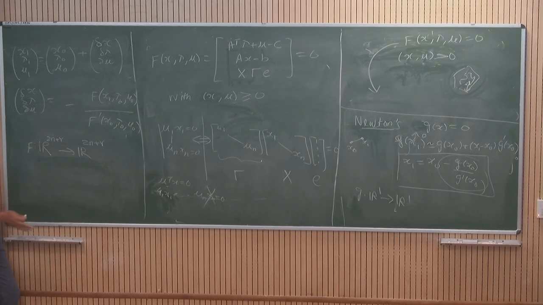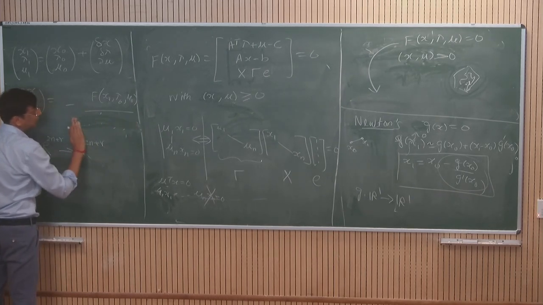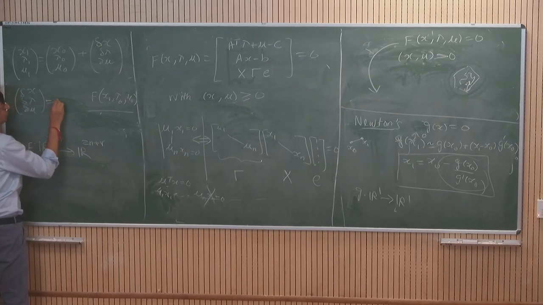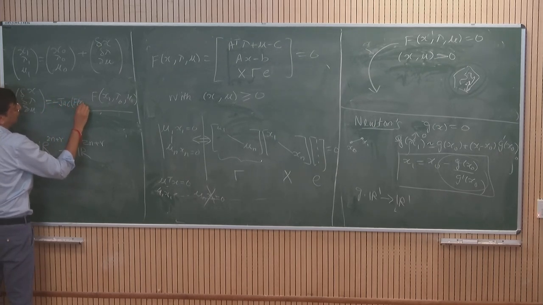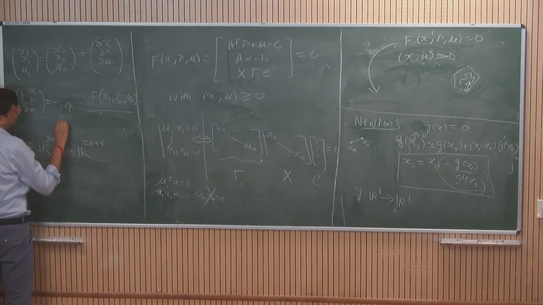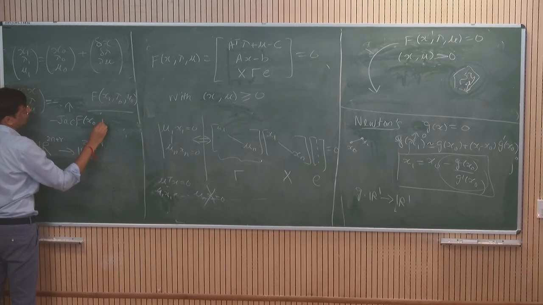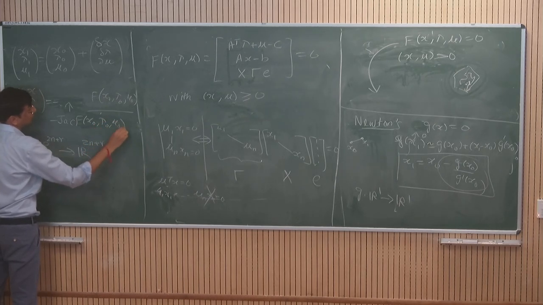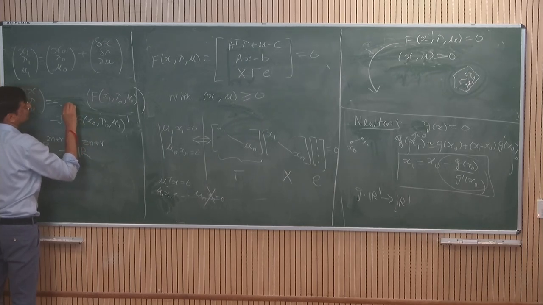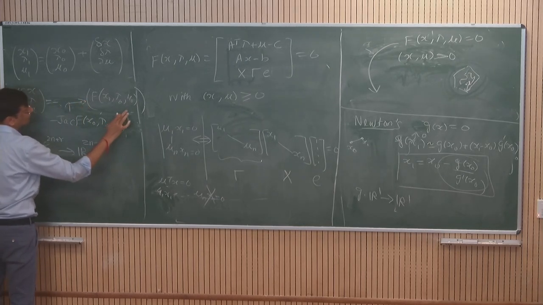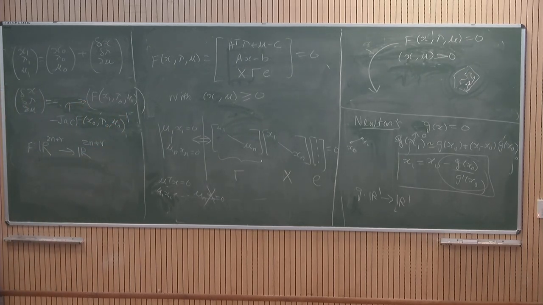What is the equivalent of a derivative there? Jacobian, right? So I am not writing this correctly. I will write this as equal to minus Jacobian of f at x naught comma lambda naught comma mu naught inverse times this. Correct? Everybody with me?